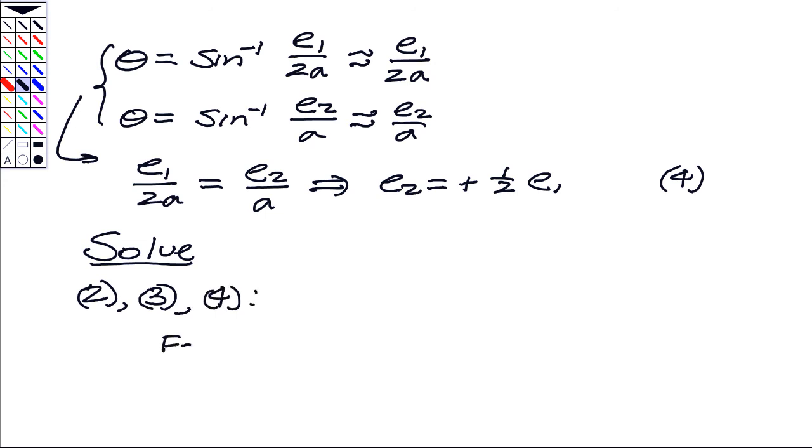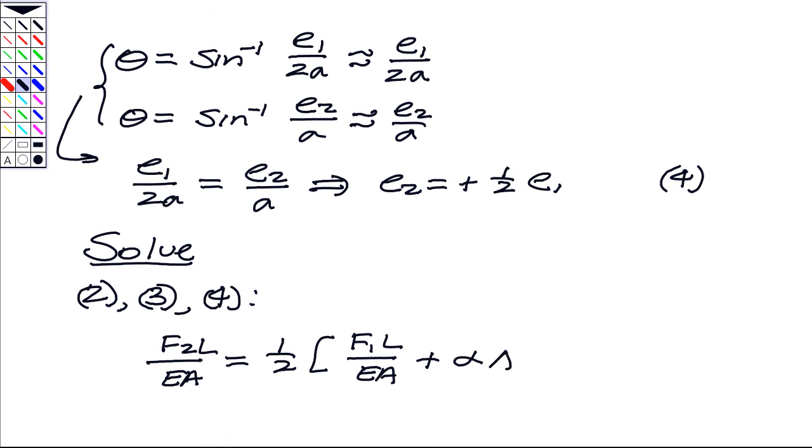I want to end up with F2 over EA times L is equal to 1/2 F1L over EA plus alpha delta TL. So this is my compatibility equation with my elongation equations put in there.